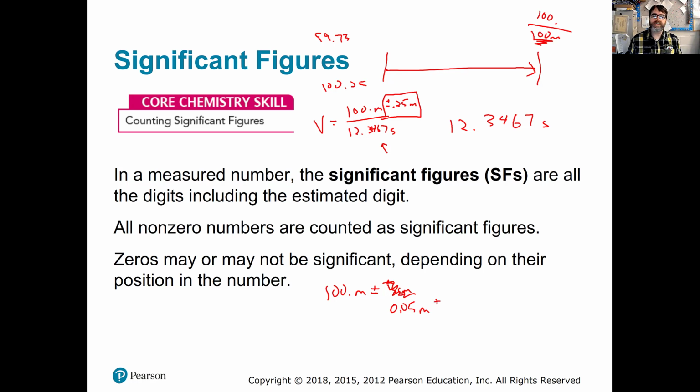And there was uncertainty based off of the fact that we had to estimate that last value. When you're estimating that last value, you're off by plus or minus whatever you estimated there. And so these end up compounding, and you end up with a plus or minus 0.055 as how much our measurement could have been off.